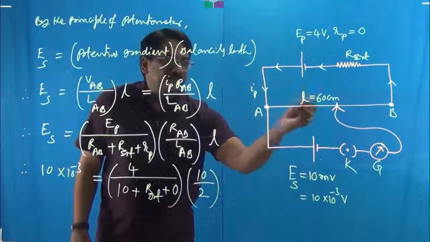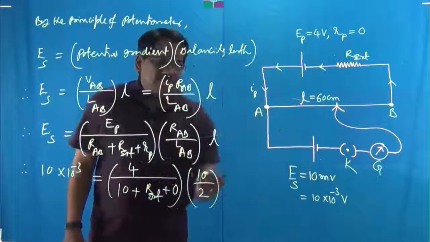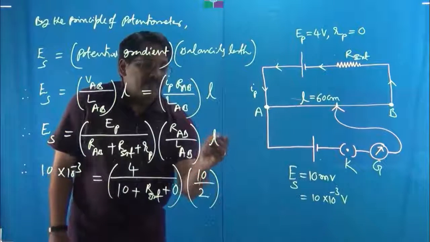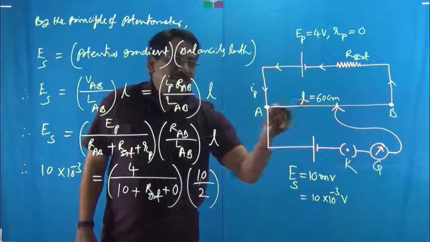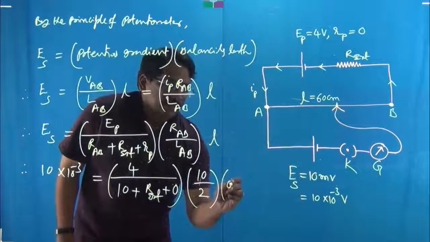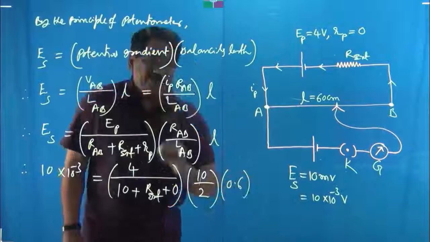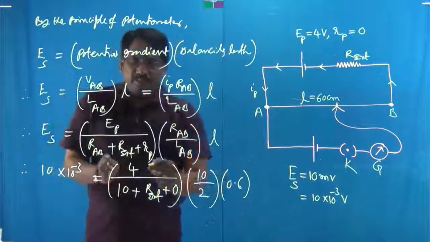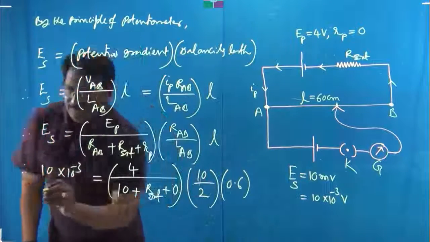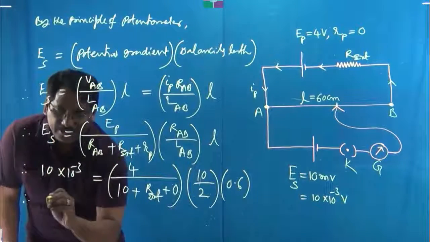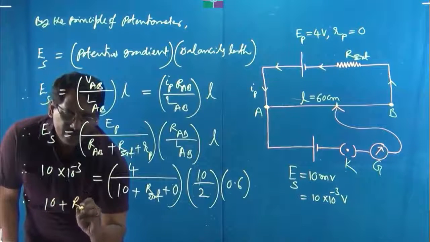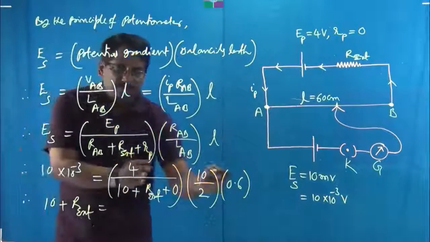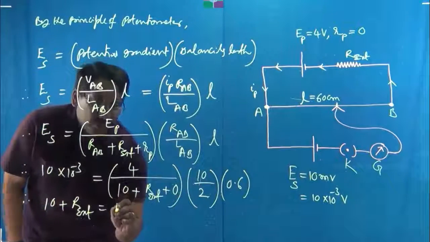Here this length is 60 centimeters. Remember, if this length is taken in meters, this balancing length should also be taken in meters. So 60 centimeters, I am writing as 0.6 meters. And now if we rearrange this data, we get therefore 10 plus R external, if you simplify this expression, all comes to be 1200.